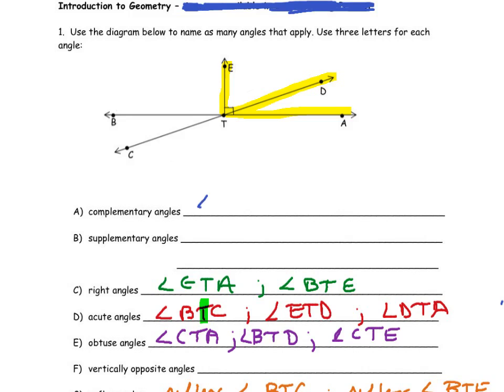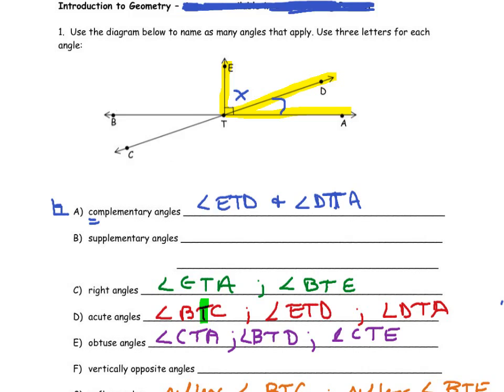So for example, angle ETD together with angle DTA, those two angles, here and here, would add to give you 90. They are complementary. I want you to think C, complementary, think corner. Help you remember that.